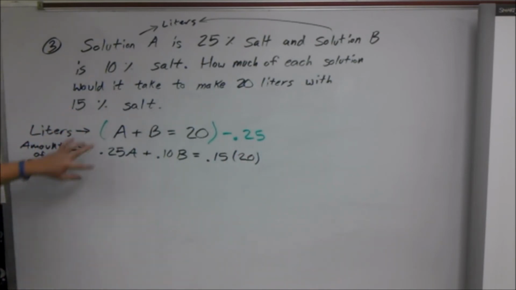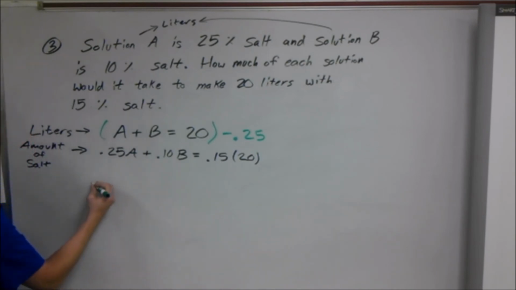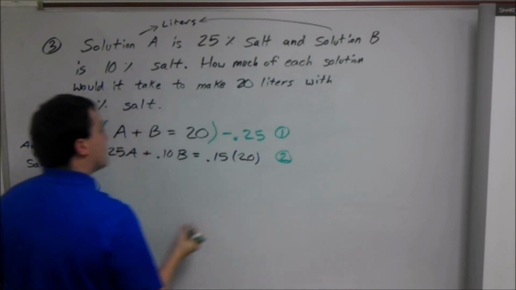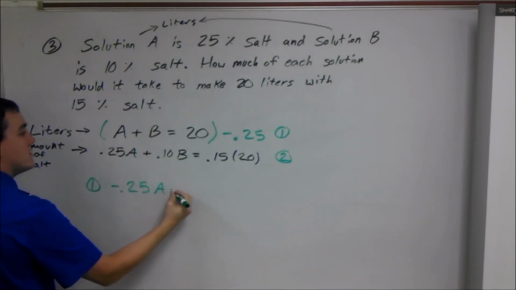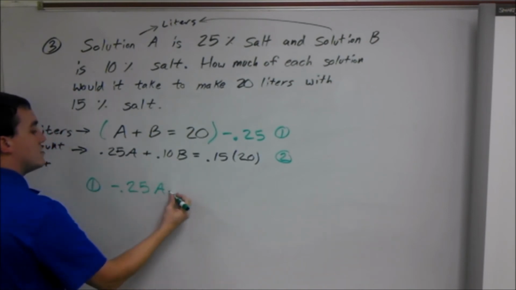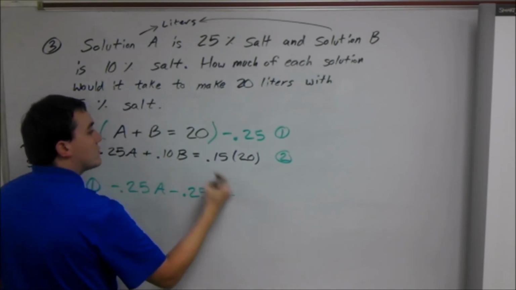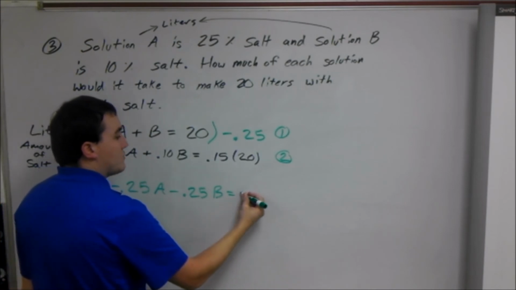Because we're trying to make the A's the same number, but opposite. So say we multiply our first equation by negative 0.25. We'll call this equation 1 and this equation 2. First equation will become negative 0.25A minus 0.25B equals 20 times negative 0.25, which happens to be negative 5.